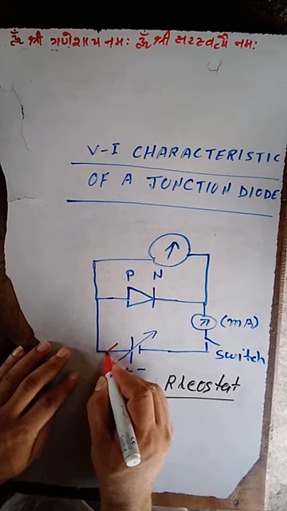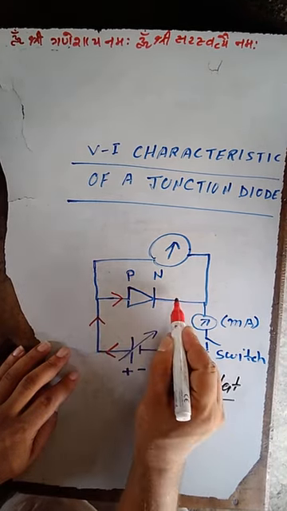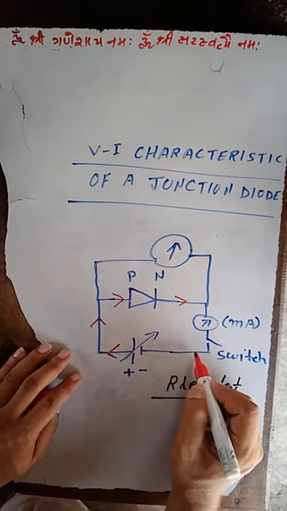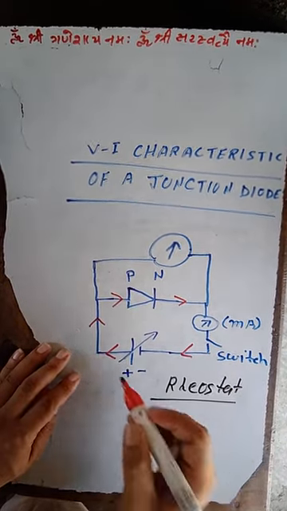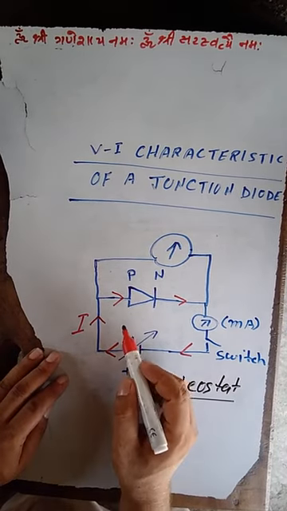Current flows through the circuit like this, and this like this. Current I, and V.